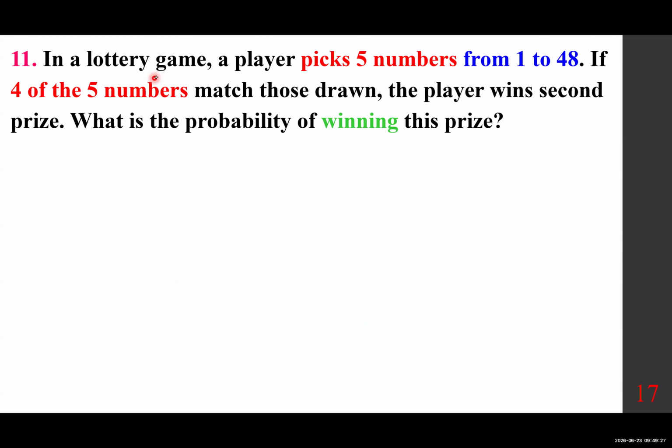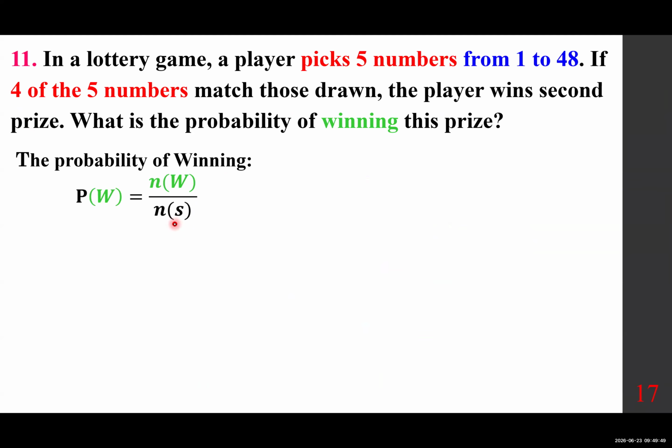In another game, a player picks 5 numbers from 1 to 48. If 4 of the 5 numbers match those drawn, the player wins second prize. What is the probability of winning this prize? Well, anytime we talk about probability, I like to go with the formula. Probability of winning is n of winning over n of s. And I always want to start with the sample space.